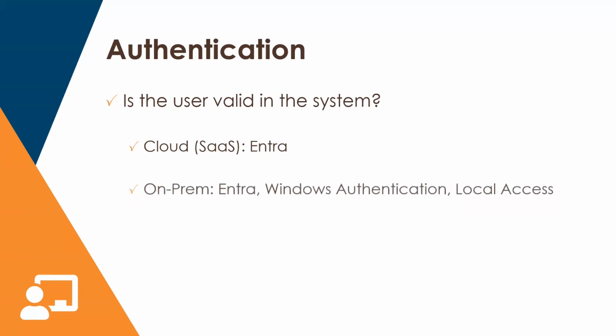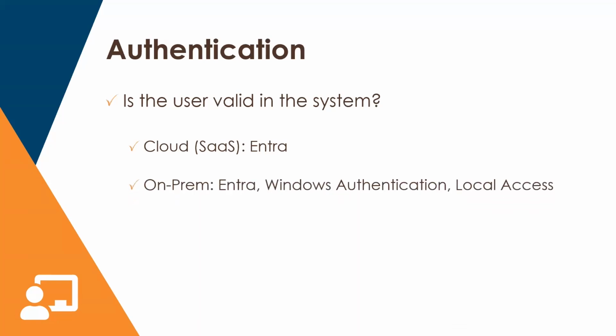The other option, if you're on-prem, is that there's a variety of authentications. You can use Entra, you can use your Windows authentication, like what you use to log in, local access, things like that. Security is not tied directly to BC or NAV. If you're on-prem, it's tied more to whatever your IT system has set up for it.